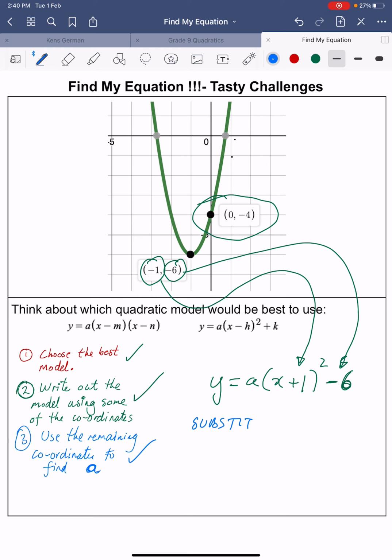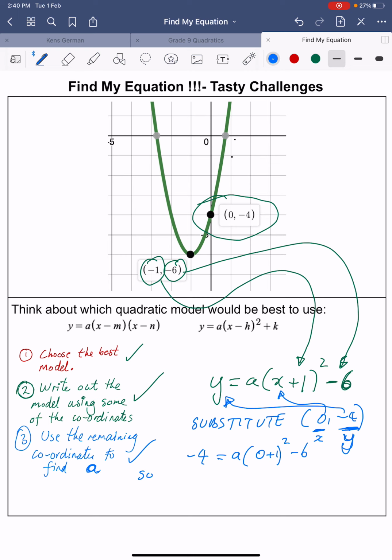So this is the language, substitute 0, -4 into the equation. Now look, the x coordinate is 0 and the y coordinate is -4. So let's put them in the right places into our equation. So y is -4, equals a, we don't know, the x is 0, +1 squared, -6.